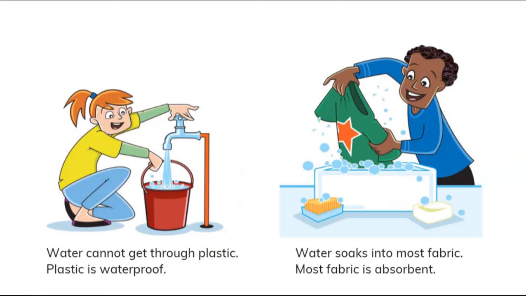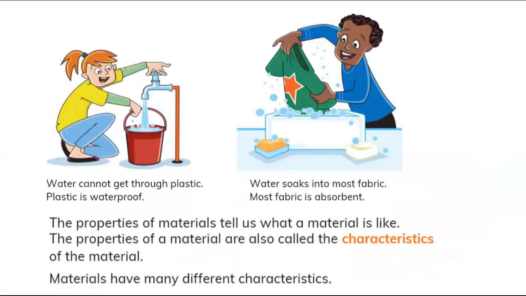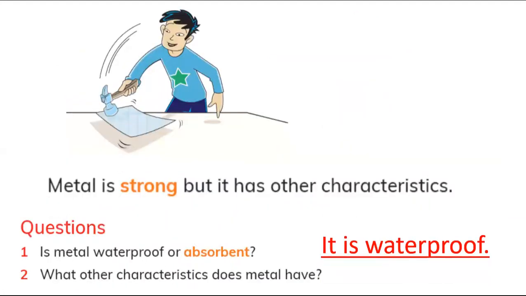It is waterproof. The next is fabric. This is the fabric jumper. And the water soaks in all the water. Okay. So it is absorbent, like tissue is absorbent. Metal is strong and it is hard.